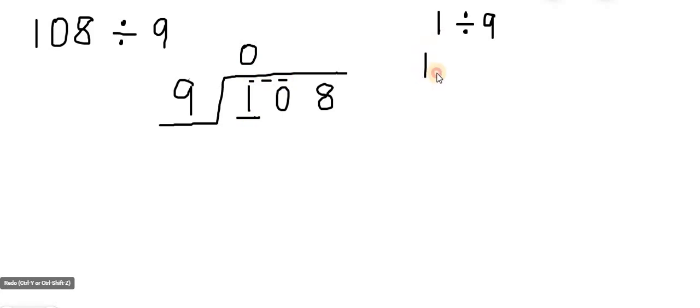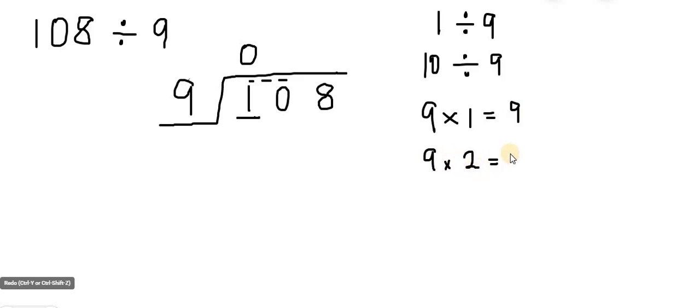So we then go 10 divided by 9. Okay, create the multiplication table. 9 times 1 is 9. 9 times 2 is 18. Okay, so we couldn't get 10 in the E column of answers, so we have to look for the closest number that's smaller than 10, which is 9.